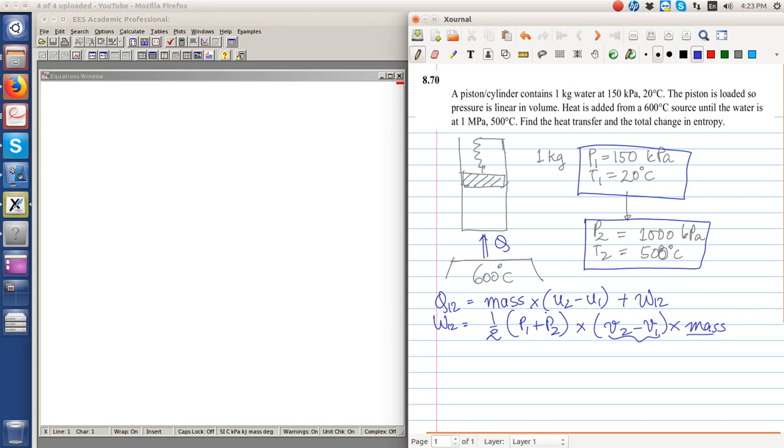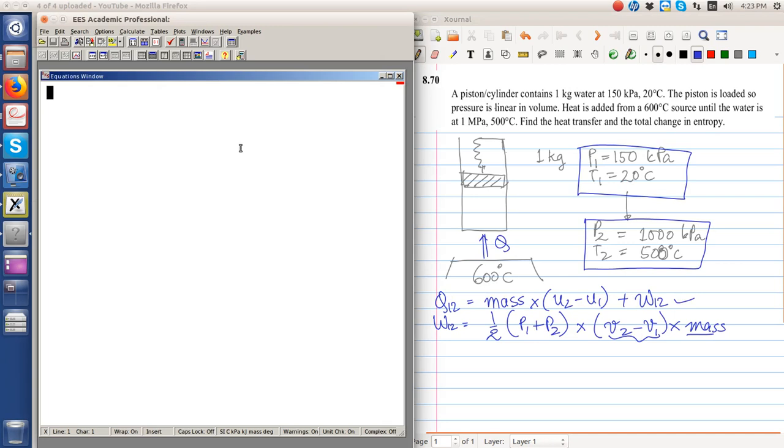So if we take this into account, we can easily find work done with which we can find the heat transfer. So let us first do that. Let us then go to entropy later.